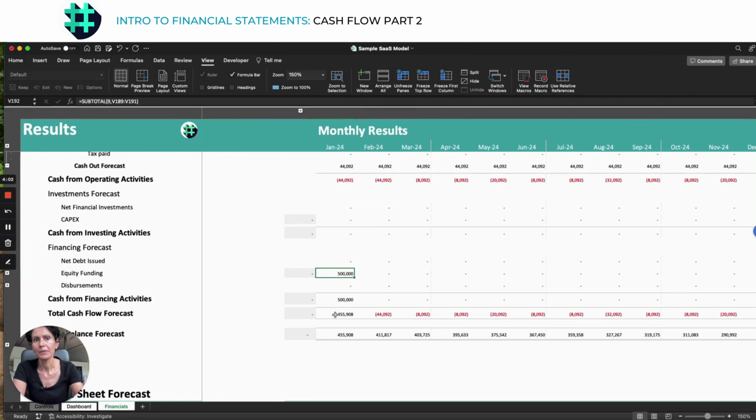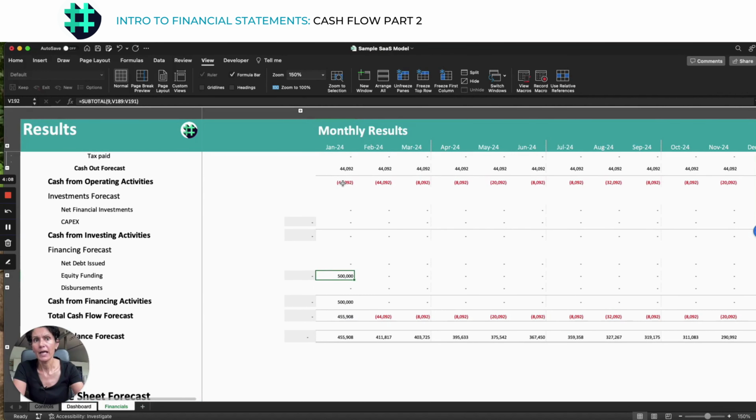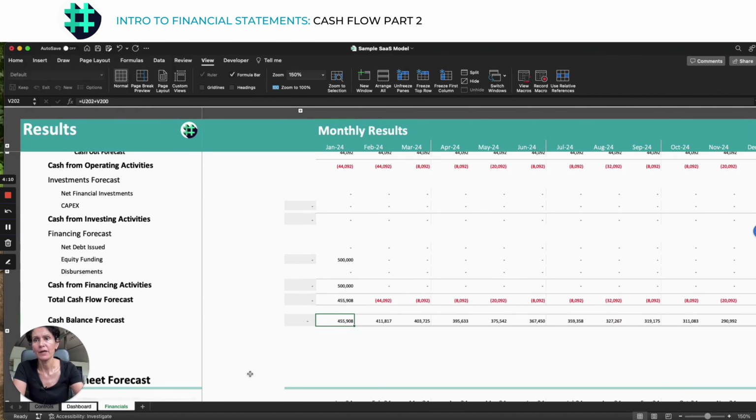And now you can see that the funding coming in covers our shortfall of operating cash, and we now have a cash balance, which is the difference between the $500,000 that came in, and even though we didn't have any income or cash received in that month, we are able to cover that shortfall of expenses.